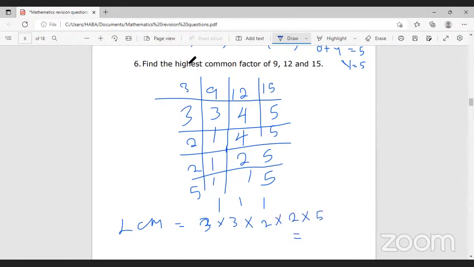But for highest common factor, we get that factor that we have divided by, that is divisible by all those numbers, 9 and 12 and 15. So that is the highest common factor. So what is the answer? It's 3. What if they are more than 1? You multiply them.